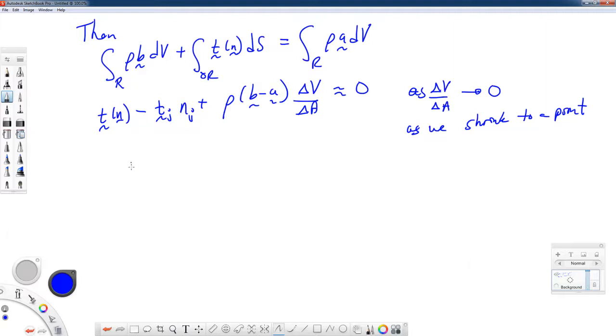Which means that this term is a linear function of n. Okay. So it's the nj component to the first power, not a higher order power. In fact, that that's a linear function is going to help us out here in just a moment.